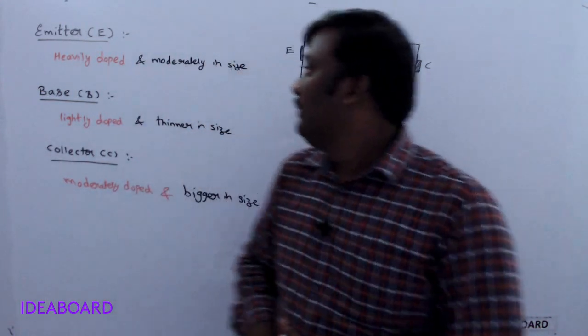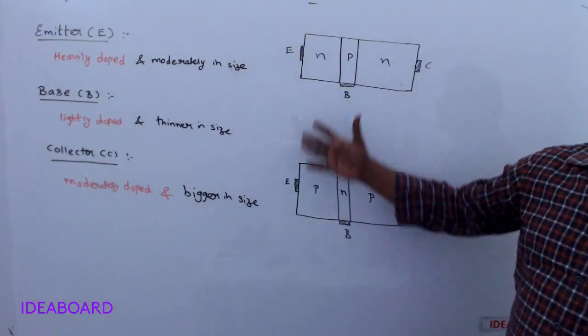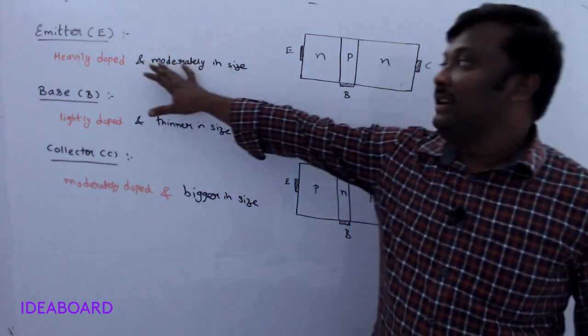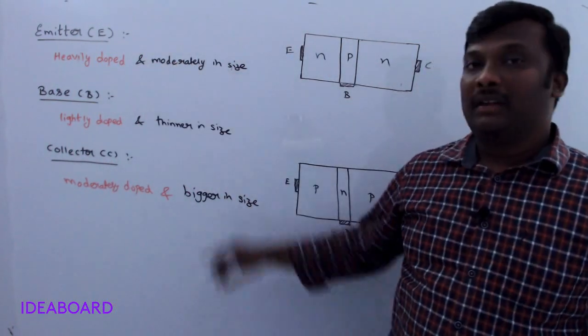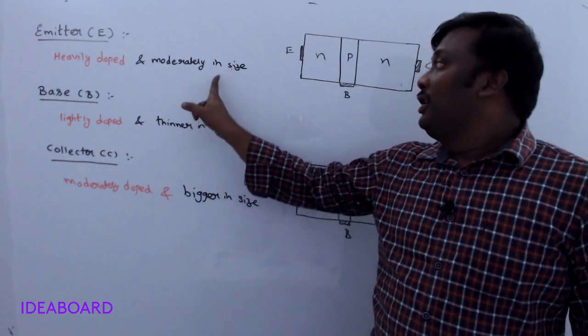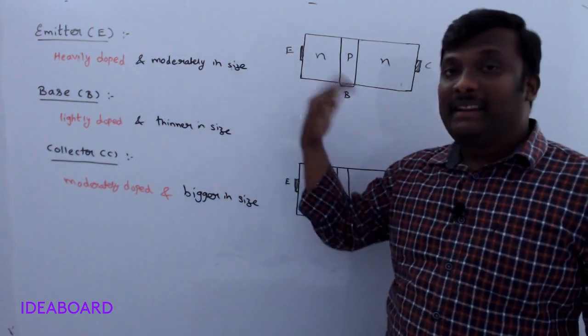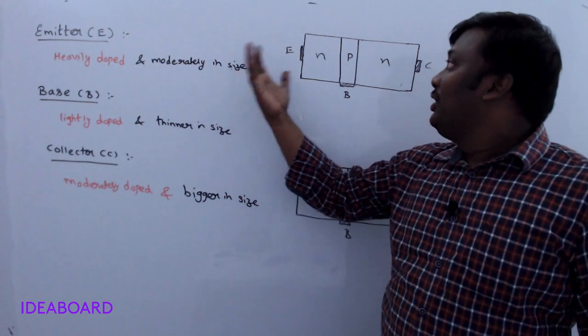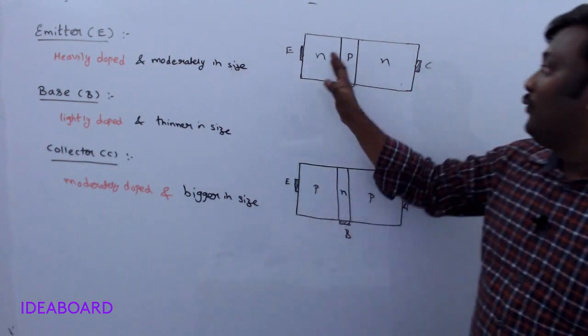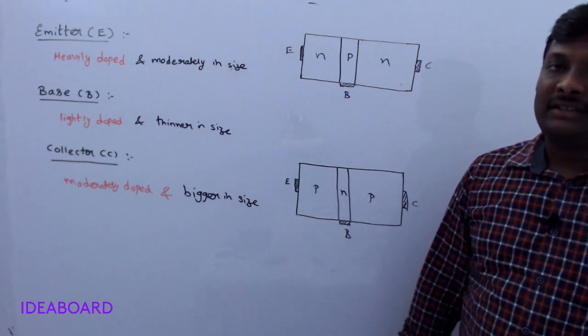Understand? So, what are the three parts in the transistor? One is the emitter, it is heavily doped and moderate in size, and its function is to emit, or to give, the majority charge carriers for the flow of current in the transistor.